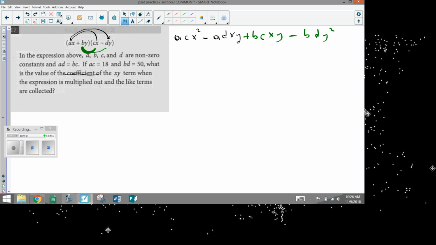Okay, now the question, circle the question. What is the value of the coefficient of the xy term? So where's xy? Since they are separated, I cannot tell. So I need to factor that out. Actually, I need to put them together, right? Factor out xy.